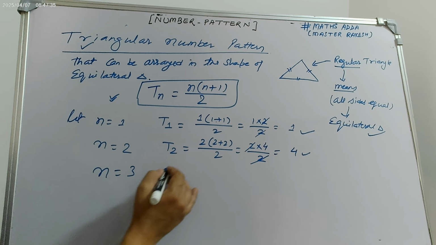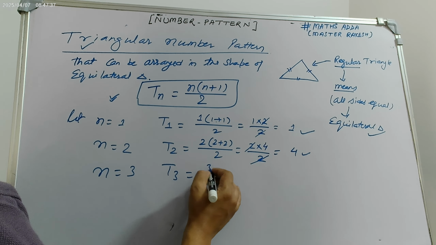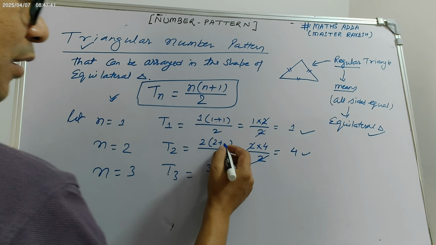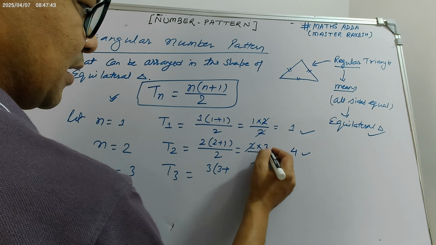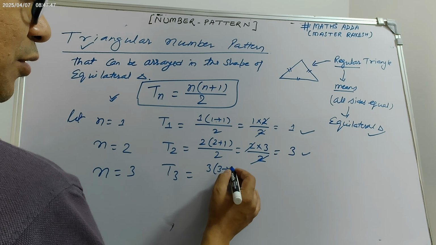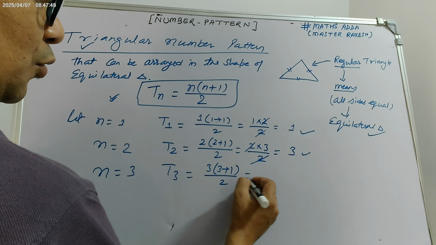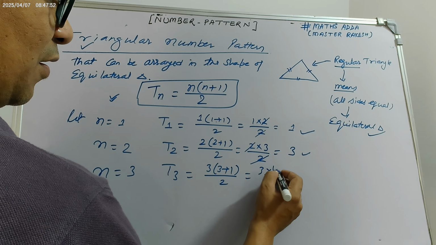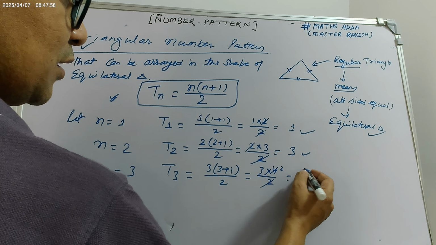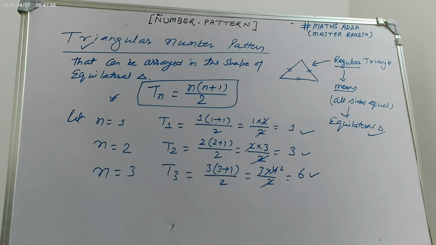Let n equal to 3, T3 equals 3 into 3 plus 1 upon 2, which is 3 into 4 upon 2, 2 twos are 4, 3 twos are 6. So these are the triangular numbers 1, 3, 6.